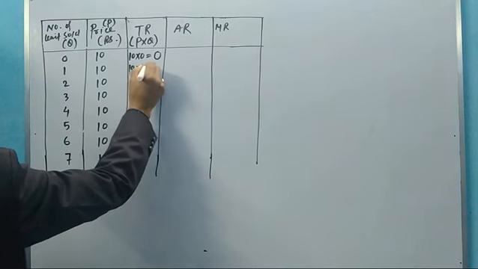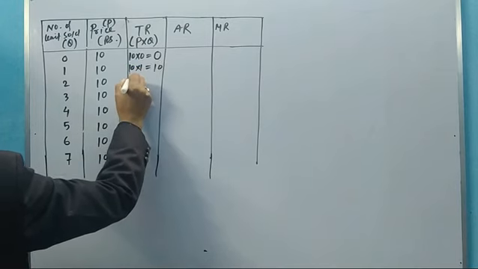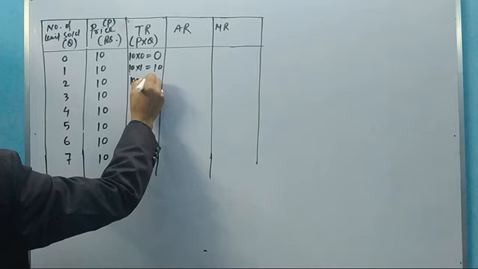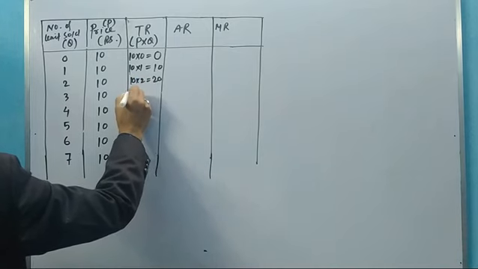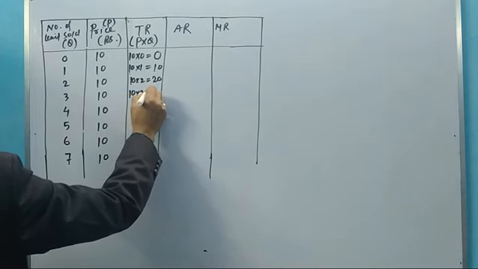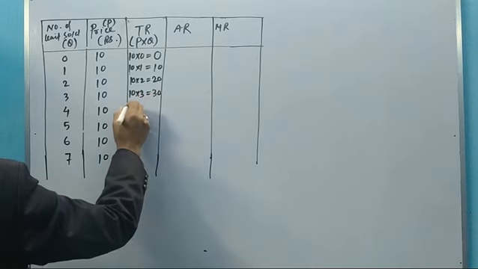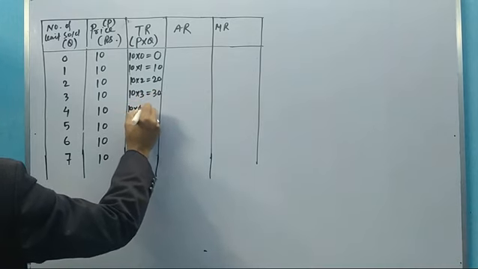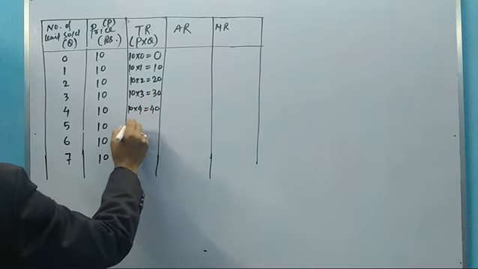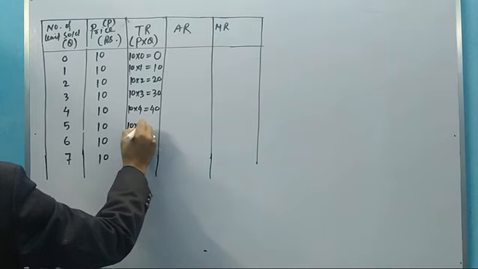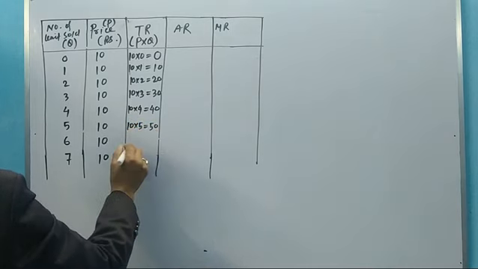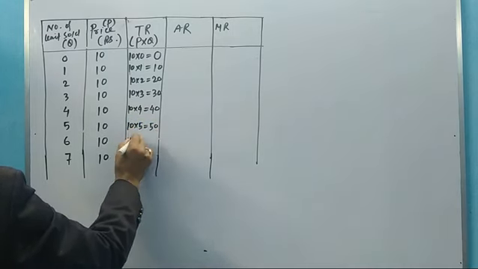Then 10 into 1 is equal to 10. 10 into 2 is equal to 20. 10 into 3 is 30. 10 into 4 is 40. 10 into 5 is 50. 10 into 6 is 60. 10 into 7 is equal to 70. Clear?